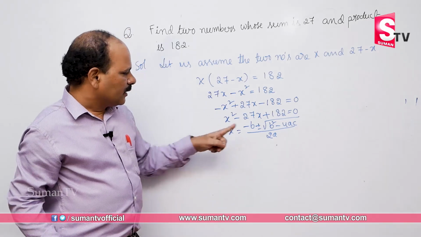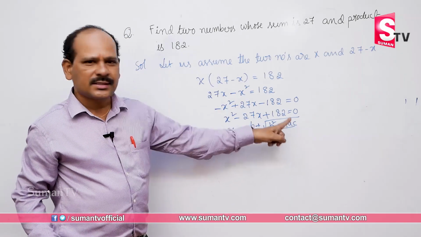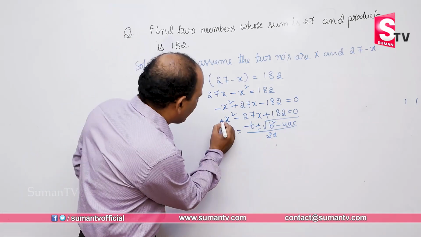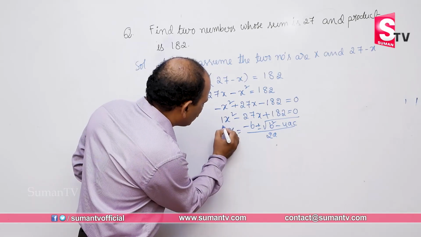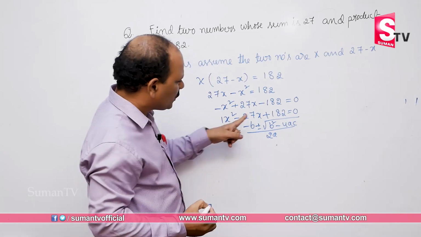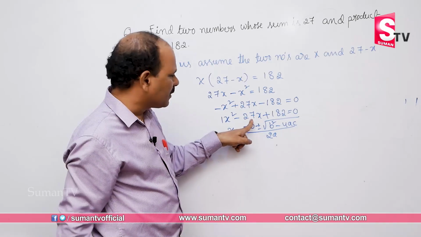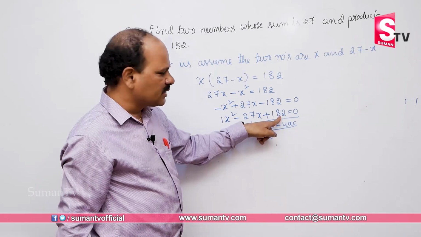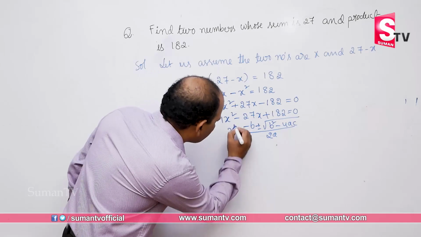Here, what is a, what is b, what is c? This 1 is a, minus 27 is b, and the constant is c.